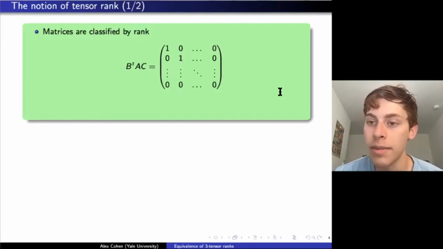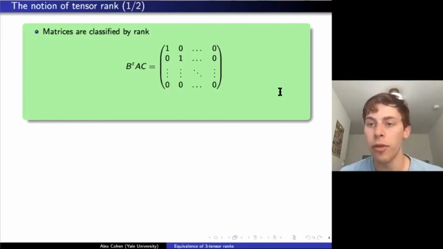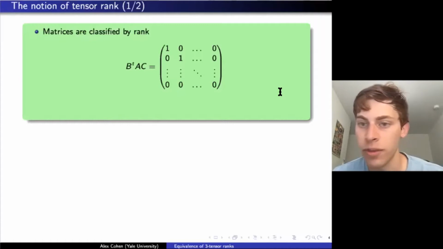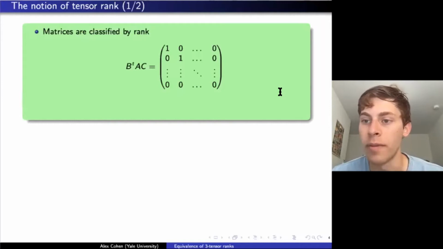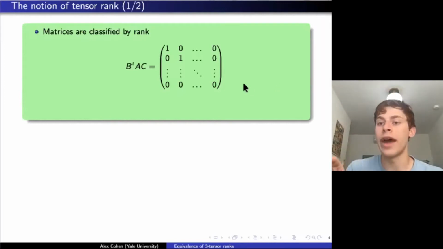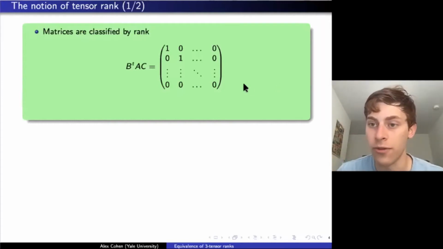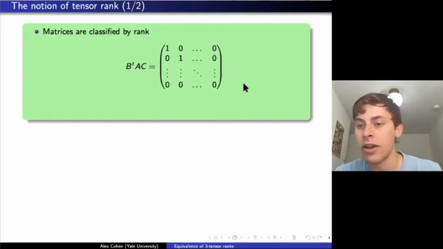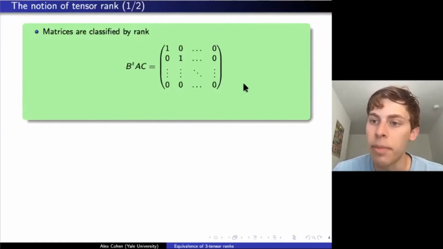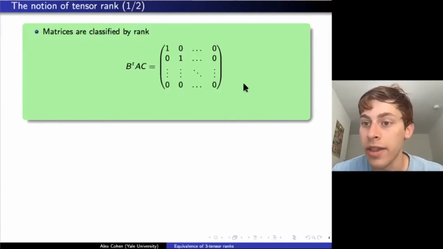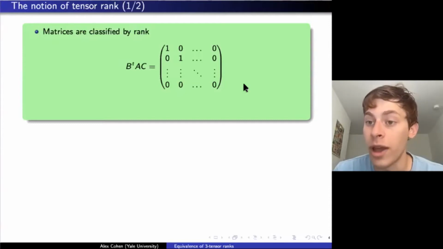If you have any matrix, by multiplying on the left by some invertible matrix B and on the right by some invertible matrix C, you can put your matrix into a standard form with R ones on the diagonal and everything else zeros. The number of ones on the diagonal in that standard form is the rank of the matrix. There are a million ways you can define the rank of a matrix, but they're all measuring the same underlying thing, which is the equivalence class of the matrix. It doesn't matter what definition you choose; there's really only one right way to do it.